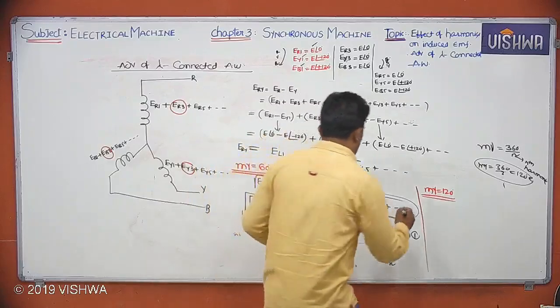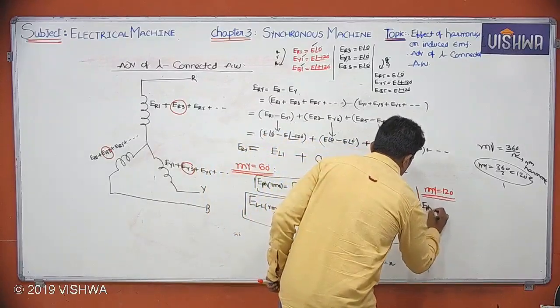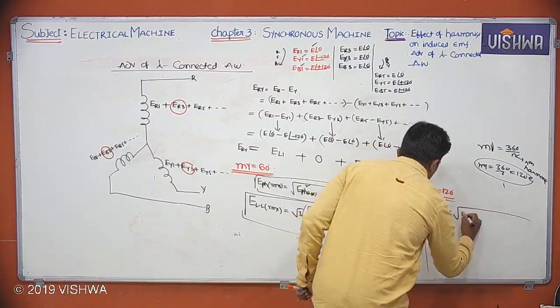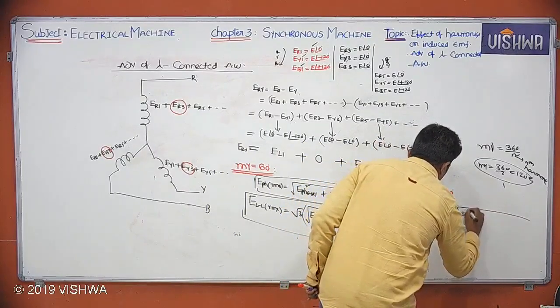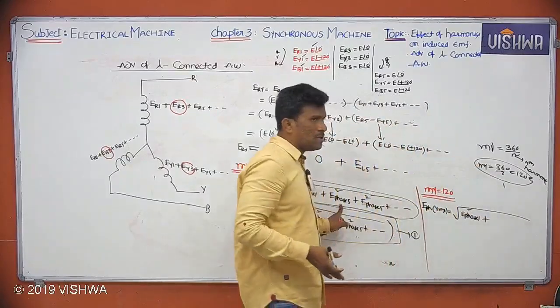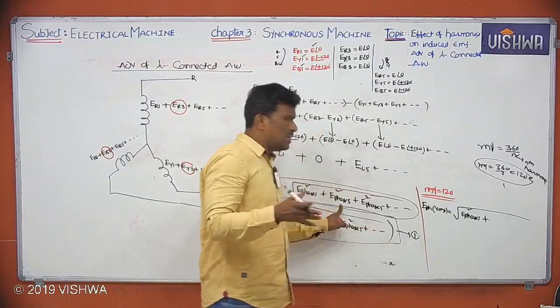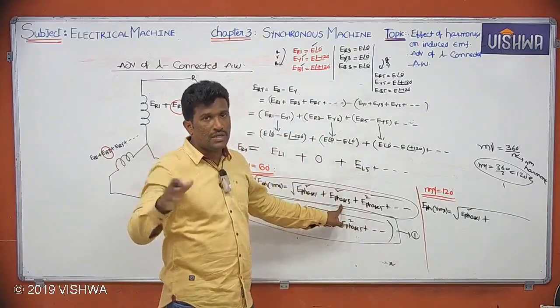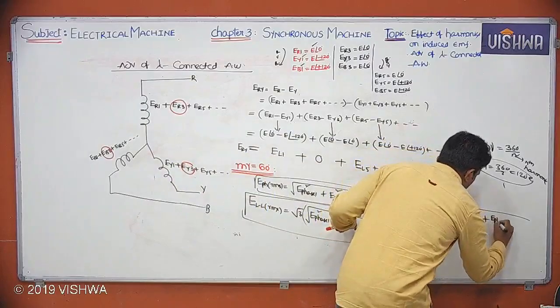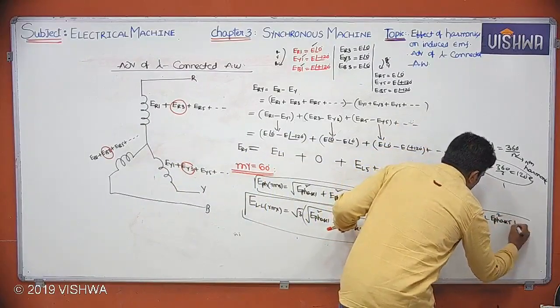So now tell me, E phase RMS value how much? Square root of E phase 1 square plus what? E phase 3 will not be there. I told you, with mγ 120, the triplen harmonic voltage will not be present in a phase also. So E phase 1 square plus E phase 5 square plus and so on.